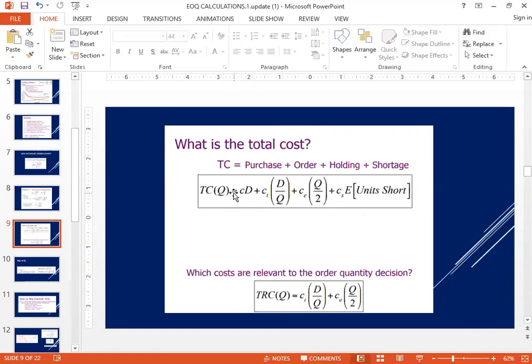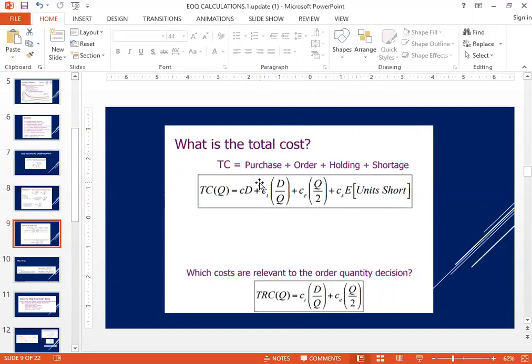But in the total relevant cost, you don't have purchase cost, but you do have the order cost and the holding cost. So the total relevant cost is just these two sections, the order cost and the holding cost. It does not include the shortage and it does not include the purchase.